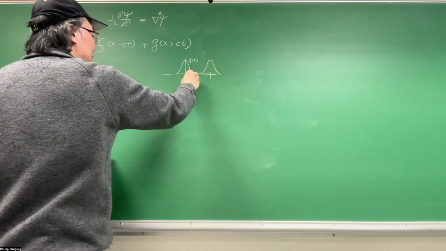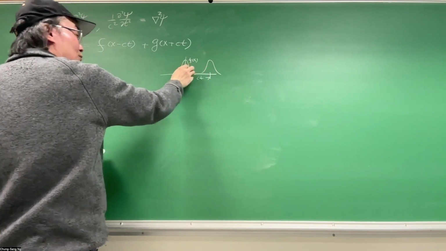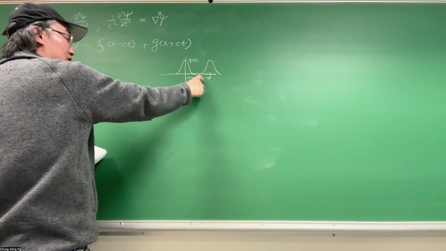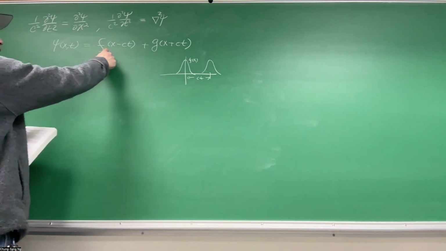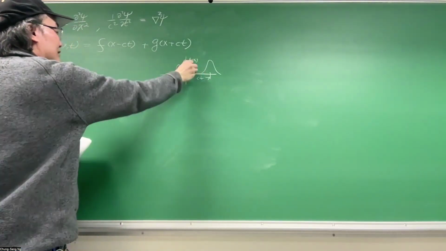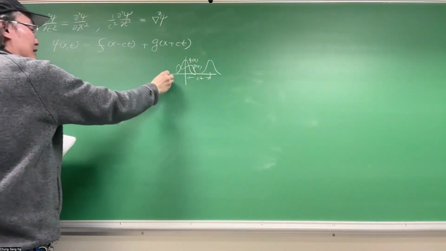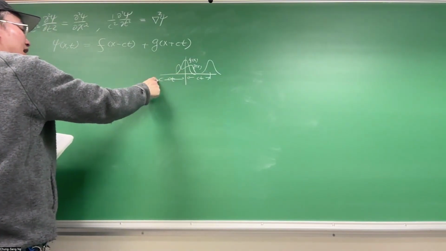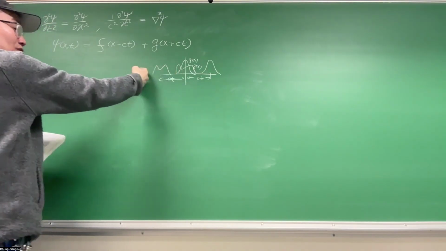This distance will be ct, so we're just moving the same function, centered now at the position ct instead of the origin. Likewise, whatever g is, if this is g(x), it will propagate in the other direction. At time t, the g function will move to the left by ct.